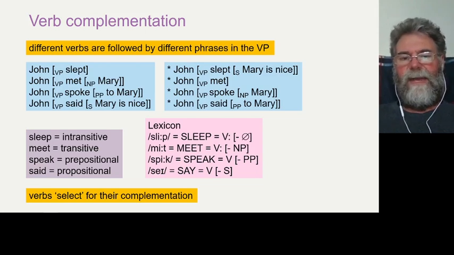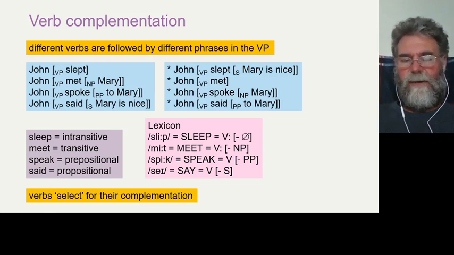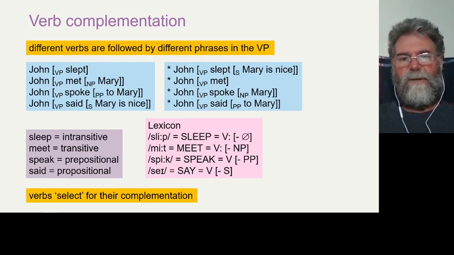Here that is indicated by this null symbol saying that sleep doesn't have a complement. Meet, on the other hand, is pronounced meet. It means whatever meet means. It's a verb, and its complement is a noun phrase. Speak has a complement which is a prepositional phrase, and say has a complement which is a sentence.